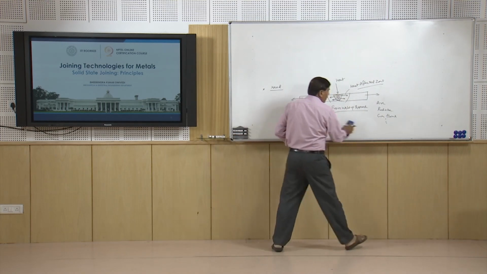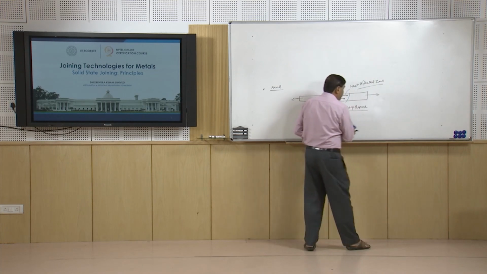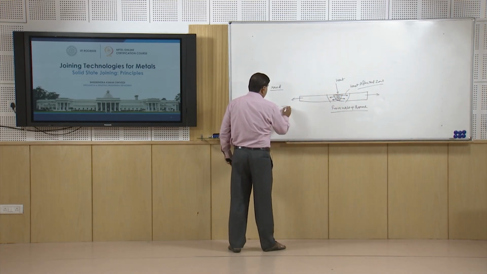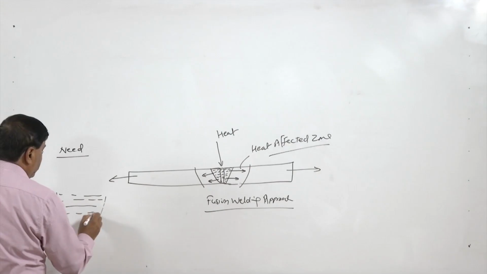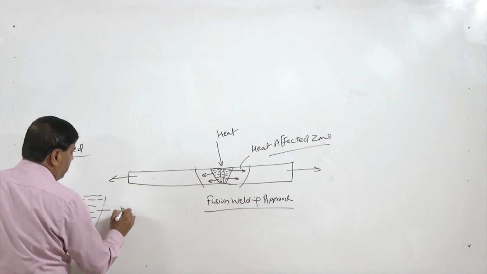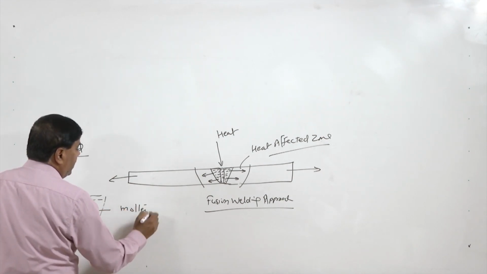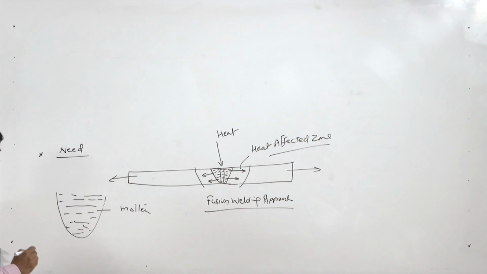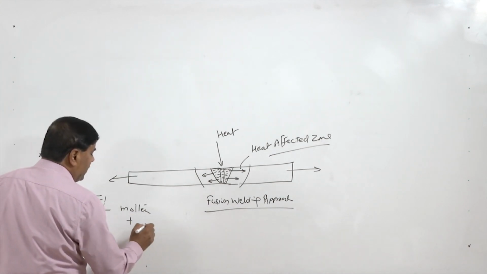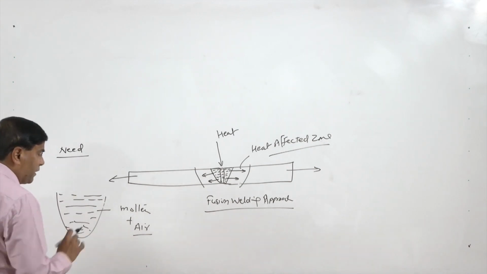Another problem which is encountered in fusion welding is that the weld metal produced is first brought to the molten state, and in the molten state it has a tendency to react with the gases present in the atmosphere.